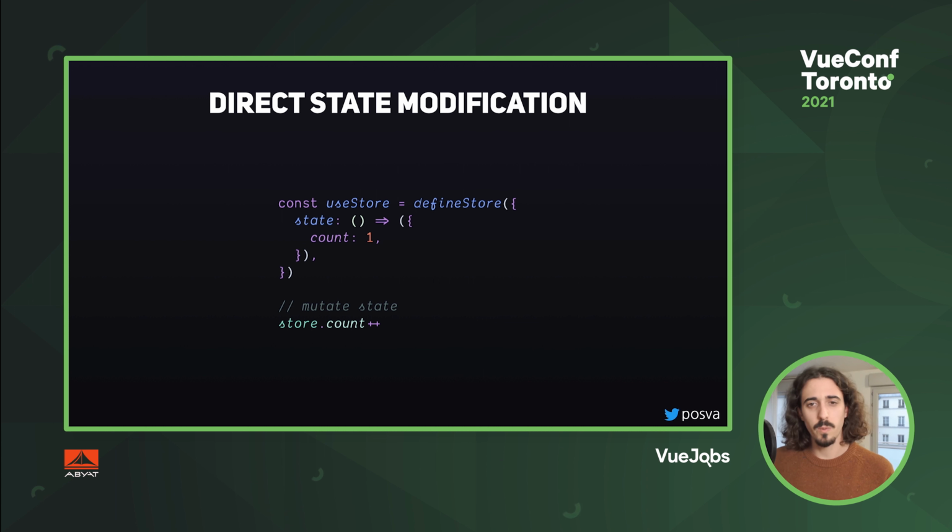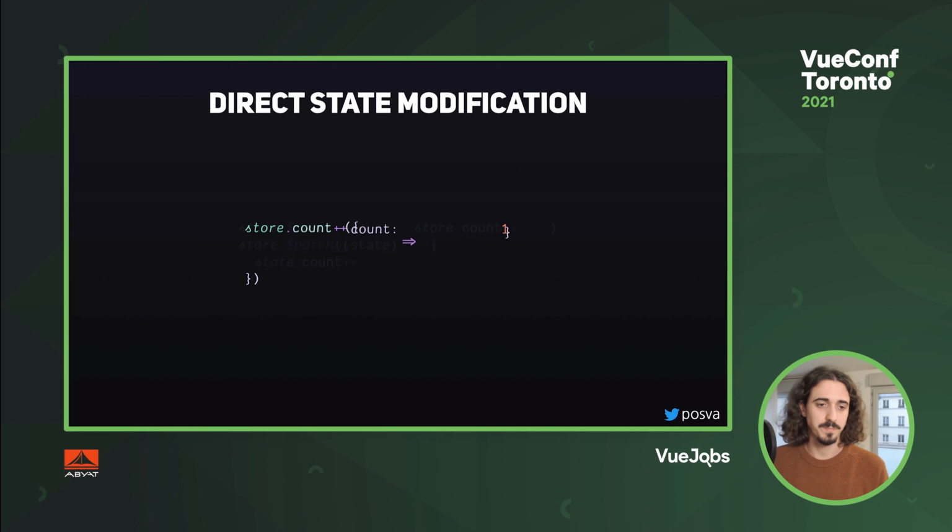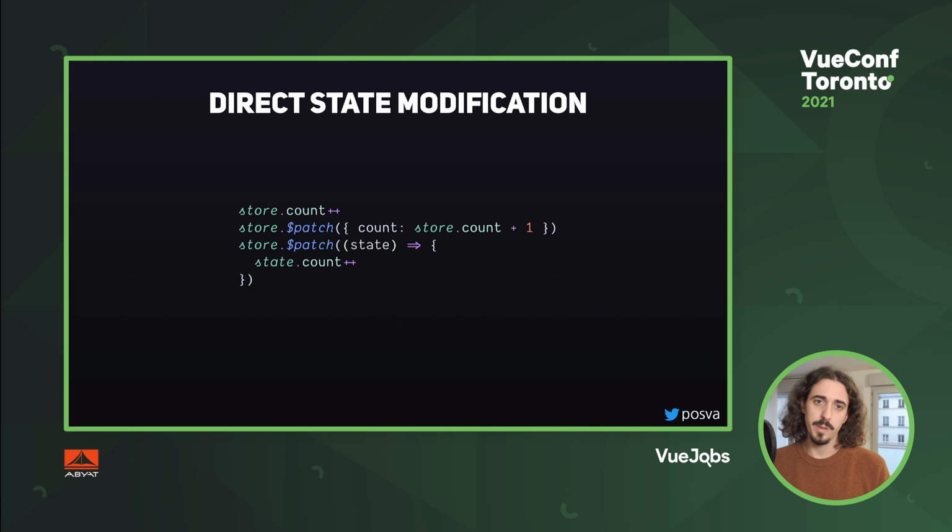But that's not the only way of mutating the store, or rather the state, in Pinia. In Pinia, we also have a patch method. And that patch method accepts a partial version of the state that you want to change.